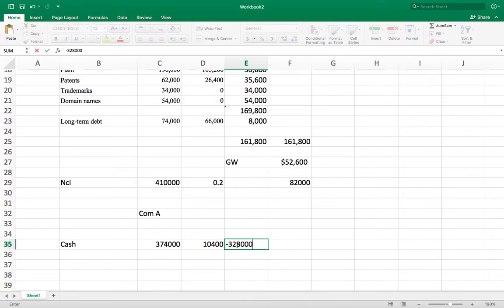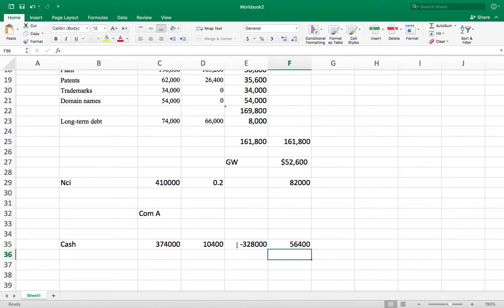Have to minus it. So total is equal to that plus that plus that. It's 56,400.